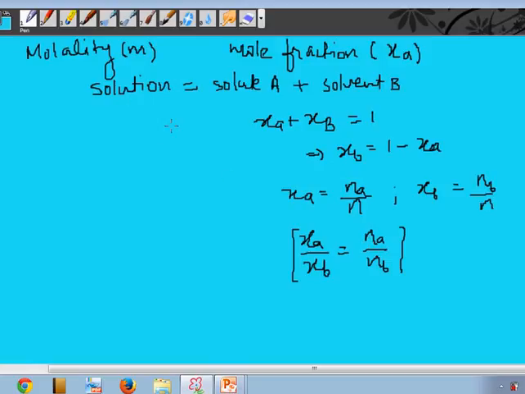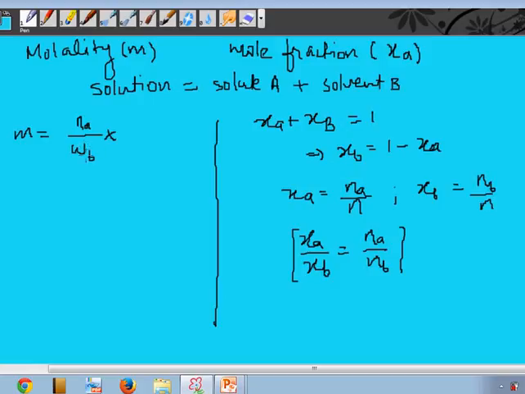Now let's see molality. We have to find the relation between m and XA. So molality m. What is molality? Moles of solute Na divided by mass of solvent, that is WB, not W, only the mass of solvent in kilogram. Usually in chemistry we have masses in gram.